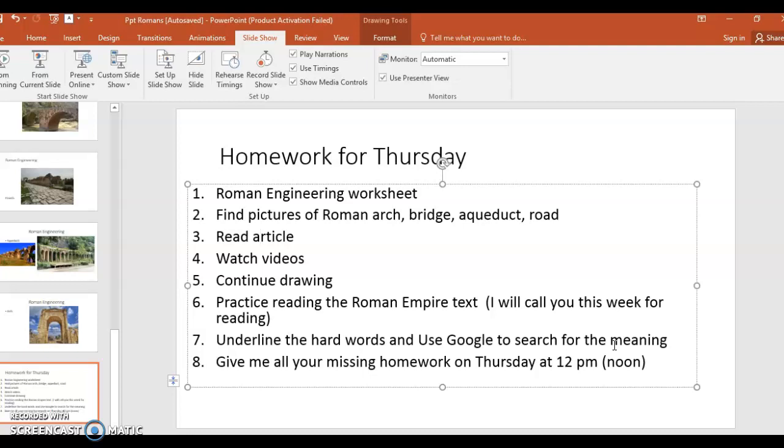You have Google for your friend. Number 8, give me all your missing homework on Thursday at 12, not at night, I want it at noon time. That's why I will not be giving you homework tomorrow, because I want you to do all this for Thursday, and those who have missing assignments, Thursday is your deadline.